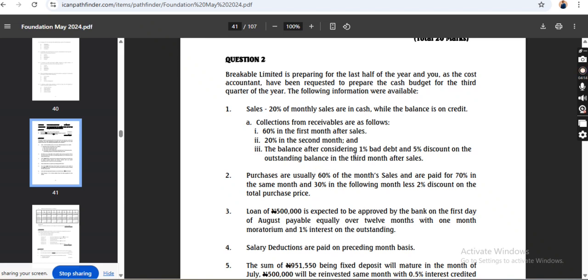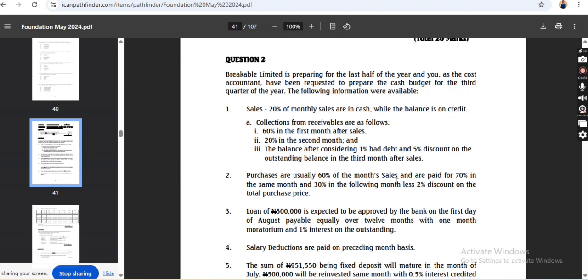The balance after considering 1% bad debt and 5% discount on the outstanding balance in the third month after sales. So we have to deduct the 1% bad debt and 5% discount on the outstanding balance.